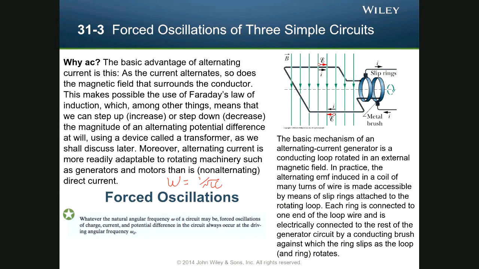So that's a property of the circuit, but the actual omega of the output of the load will be whatever it's being driven at. All right, so you have to be careful of that. Now, interesting things might happen when omega d, your driven frequency, equals your omega frequency. That need not always be the case.